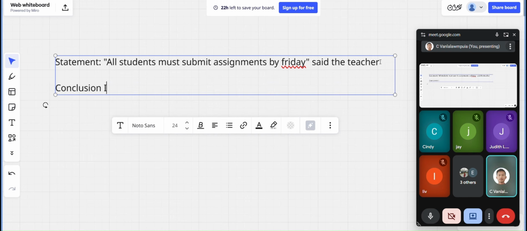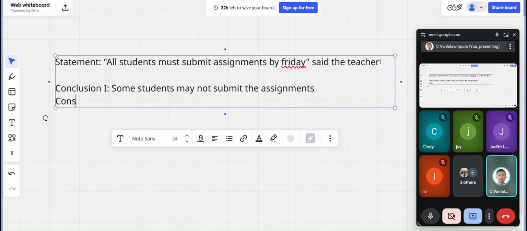Conclusion one will be: some students may not submit the assignments. Try to do the Venn diagram method. Okay, maybe this will be homework. Conclusion two: the teacher expects all students to submit assignments on time.